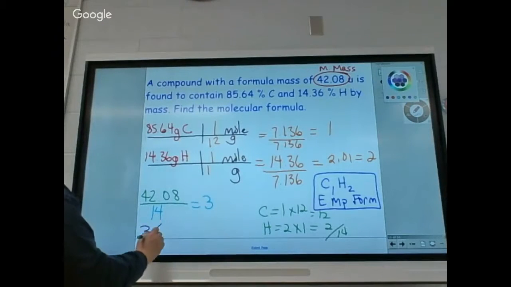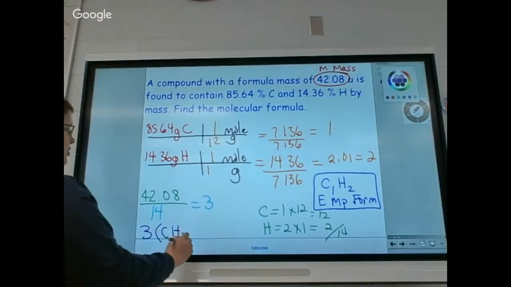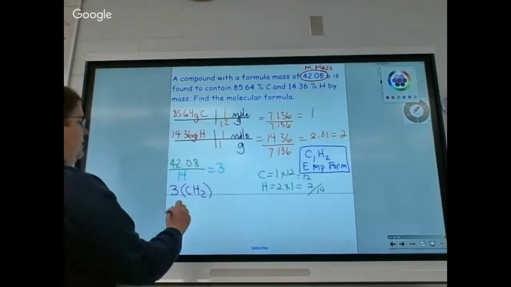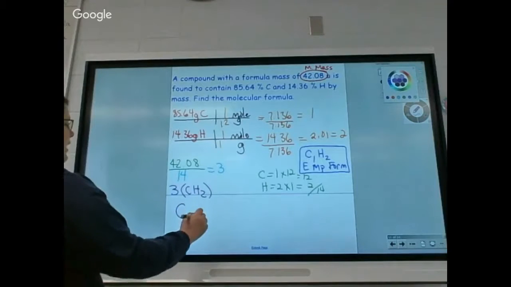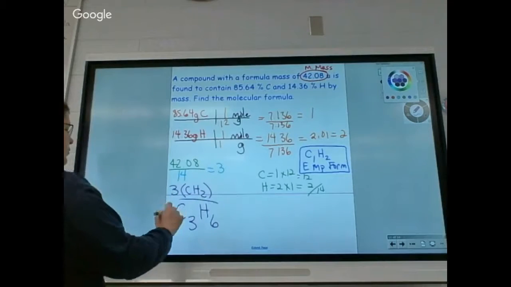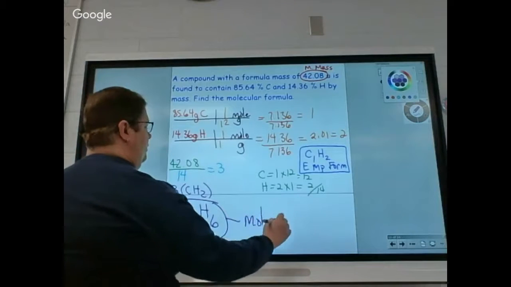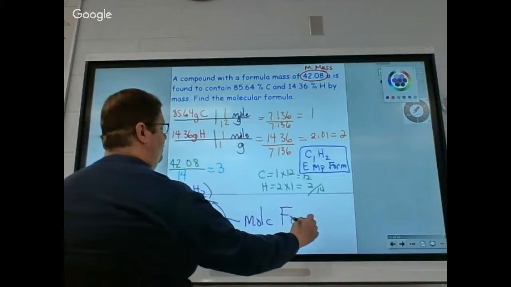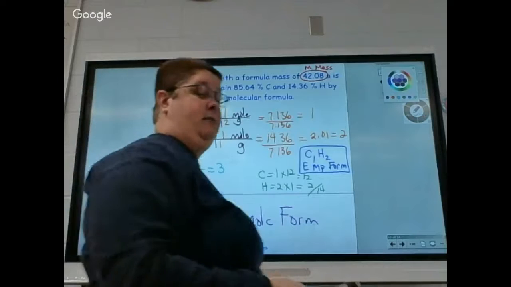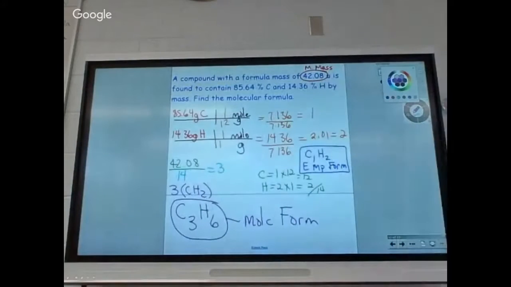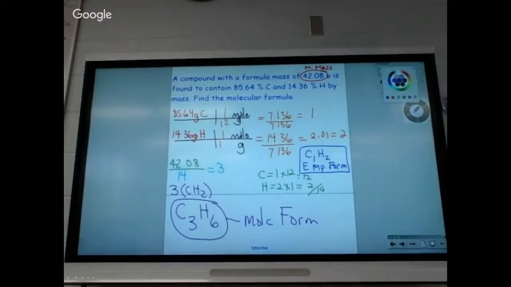So 3 times CH2 is C3H6. And this right here is the molecular formula.